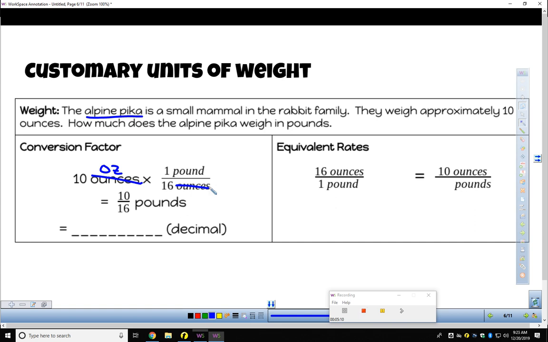And so here I'm asking you to convert this into a decimal. 10 over 16 would simplify to 5 over 8. And maybe you know what 5/8 is as a decimal. Regardless, here we're going to be doing some division. So why don't you pause the screen and see if you can figure that out.